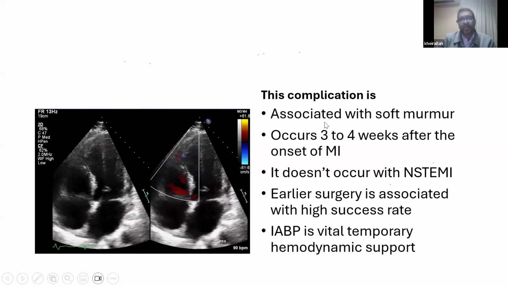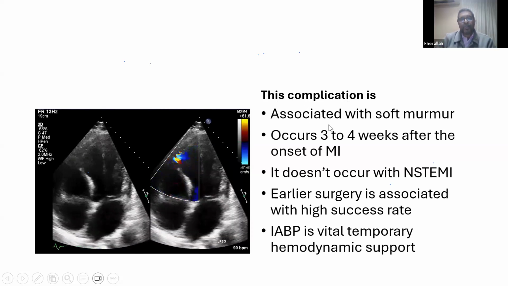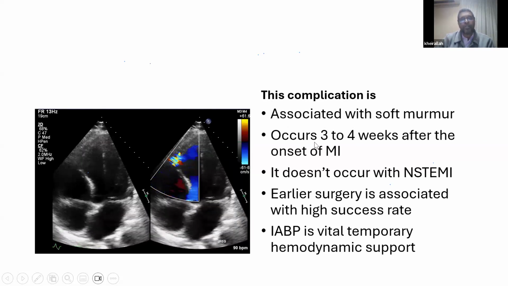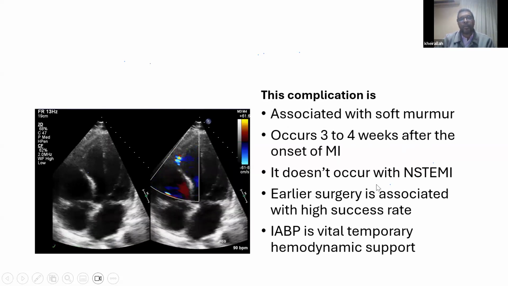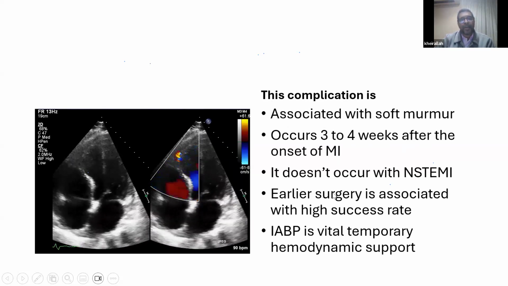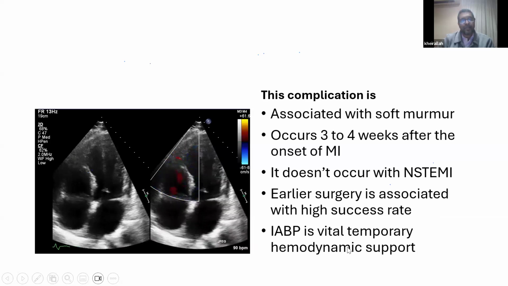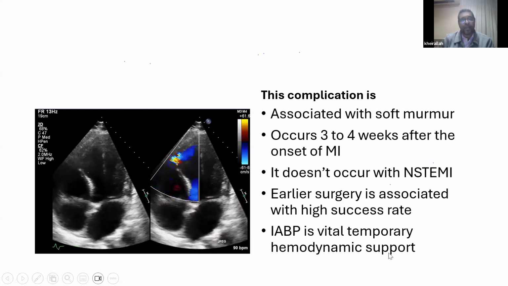So the question was, choose the right answer. Associated with soft murmur, occurs 3 to 4 weeks after onset of MI. It doesn't occur with non-STEMI. Earlier surgery is associated with high success rate. Intra-aortic balloon pump is vital temporary hemodynamic support.